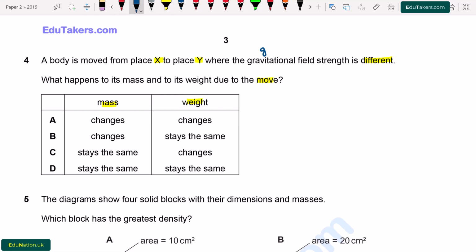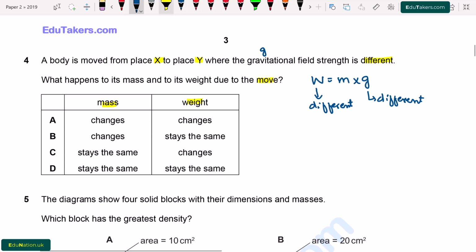We know that weight is the product of mass and acceleration due to gravity, which is the gravitational field strength. So when the value of G is different, the weight will be different. Weight changes but the value of mass remains same.